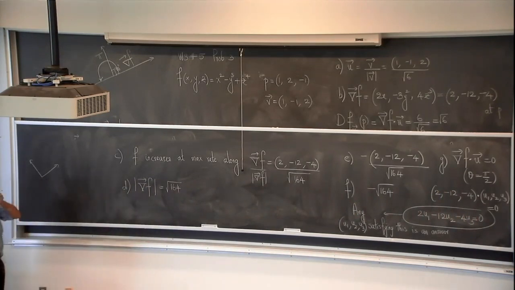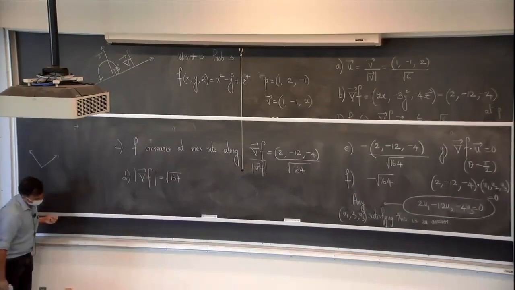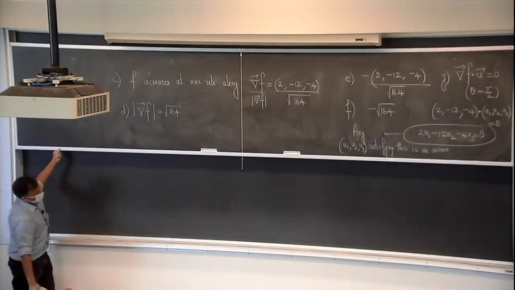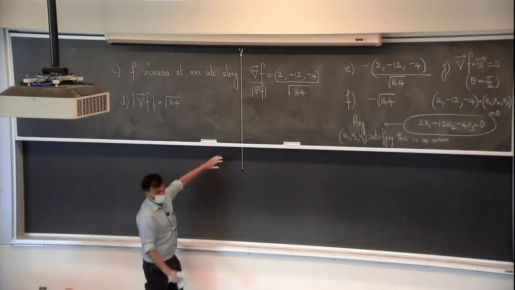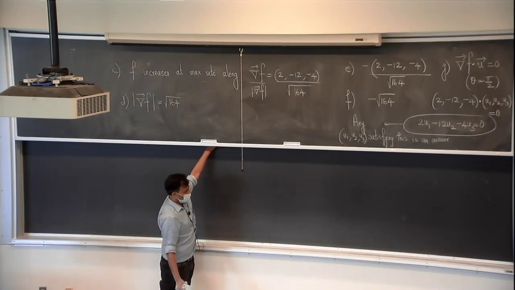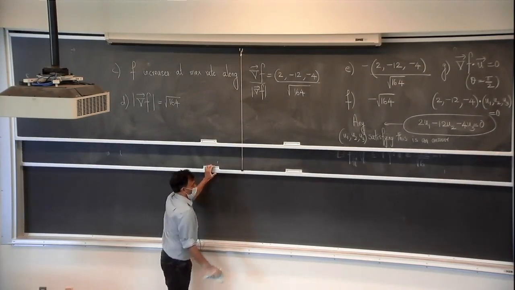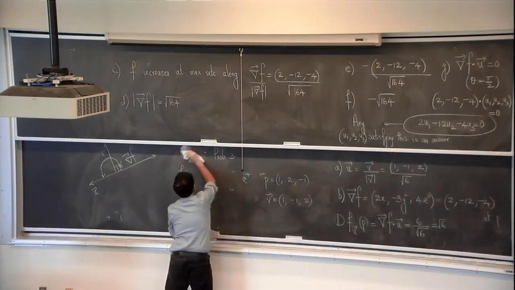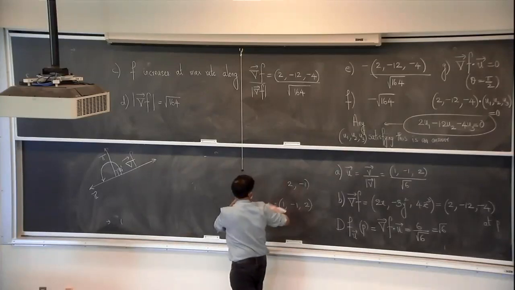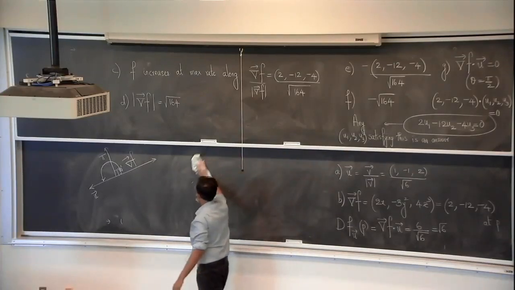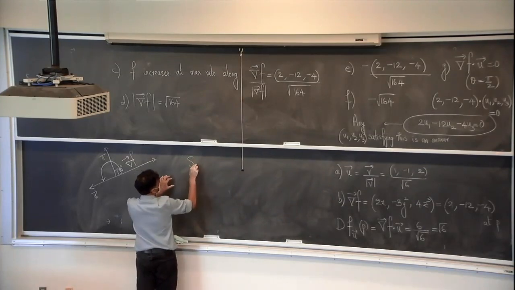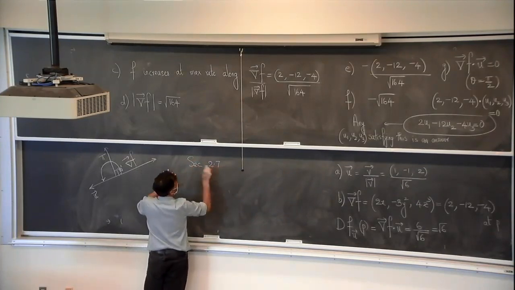All right, so let's look at a very special case of this. We are not done talking about the gradient vector. It's such a very powerful thing. So section 2.7, we don't do 2.6 in case you're wondering.